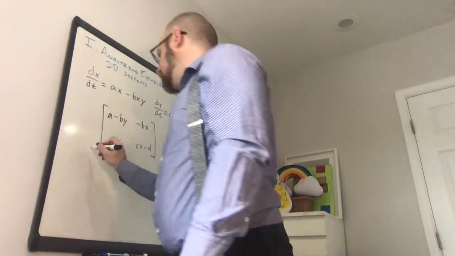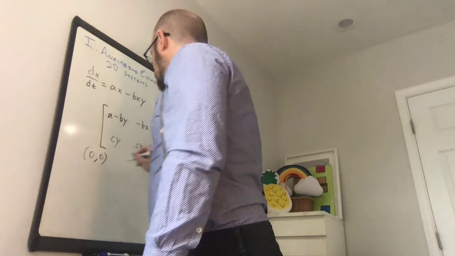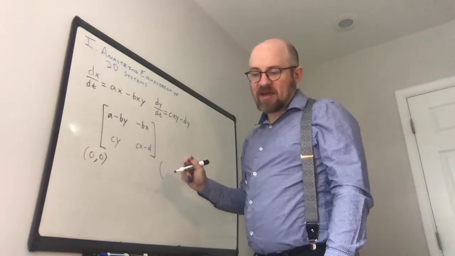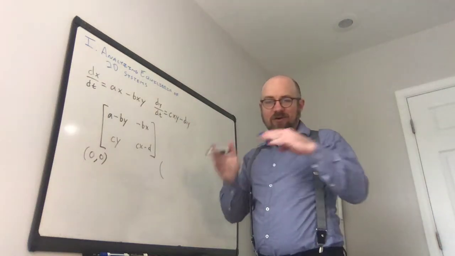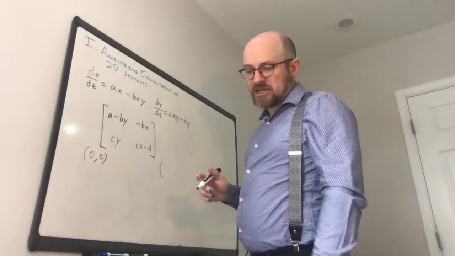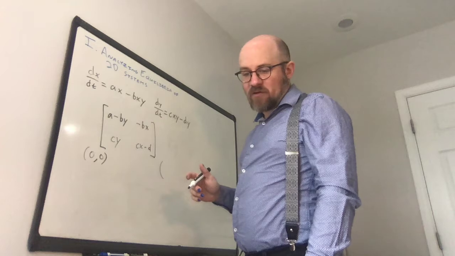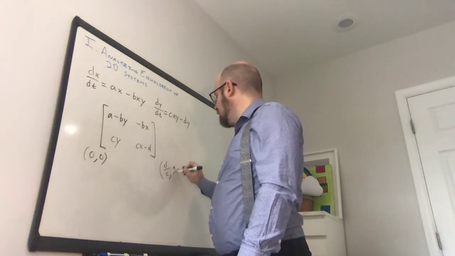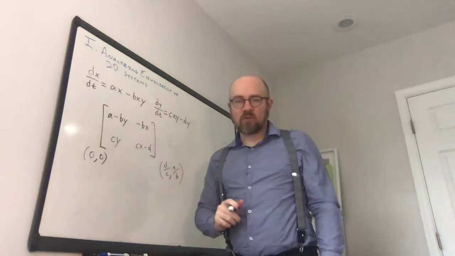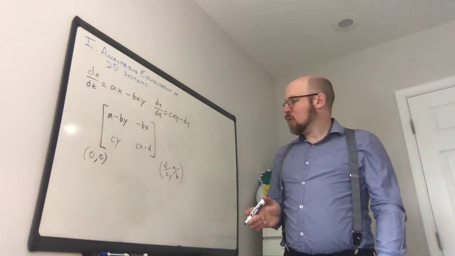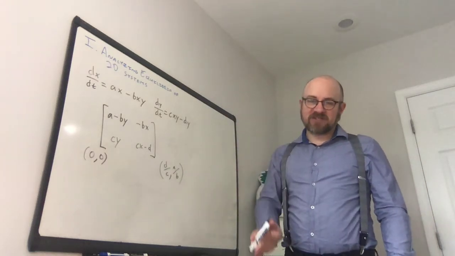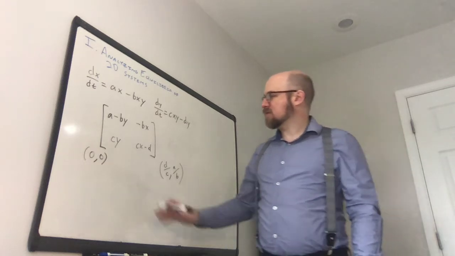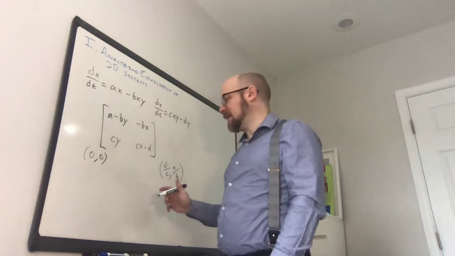We had an equilibrium at 0, 0, and the other equilibrium was at the point where our two null lines crossed. That point was at d over c, comma a over b, because our two null lines were x equals d over c and y equals a over b. If you look back at your notes from that, you can see that.